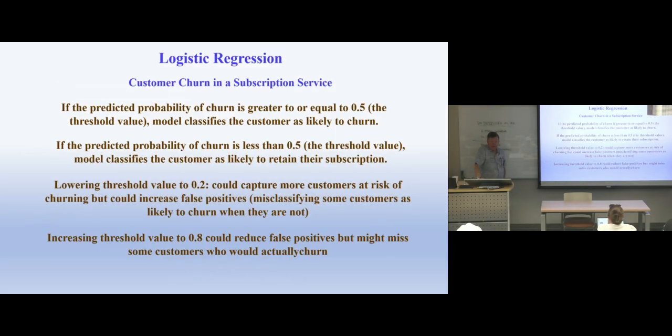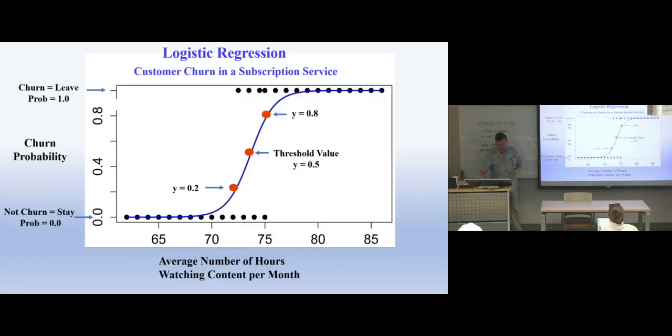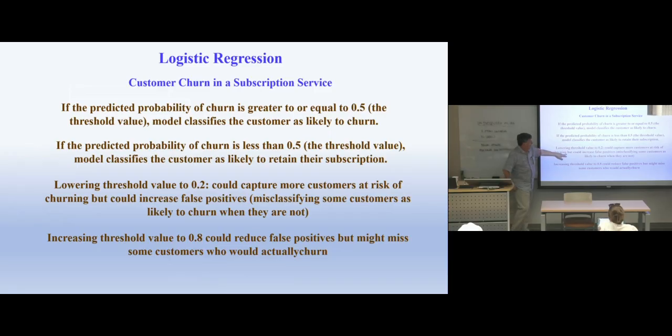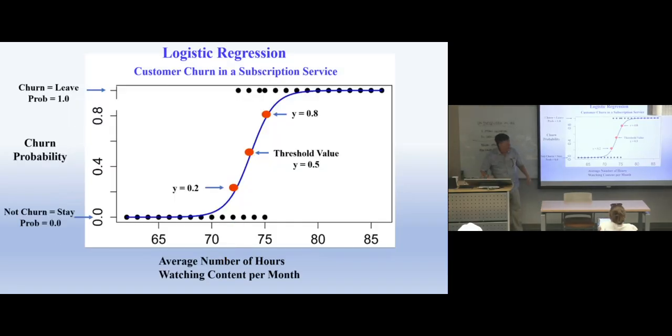This is the way you get to think through it. You can capture more customers at risk of churning. Why am I going to capture more? Because if 0.2 is here, everything above it on this curve, you're going to predict churn.